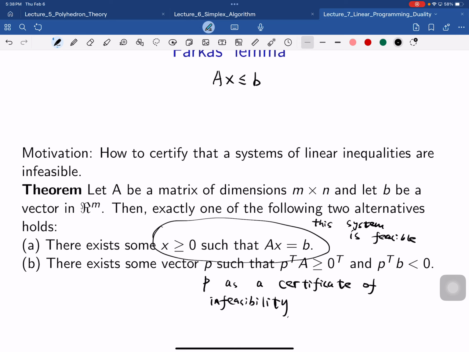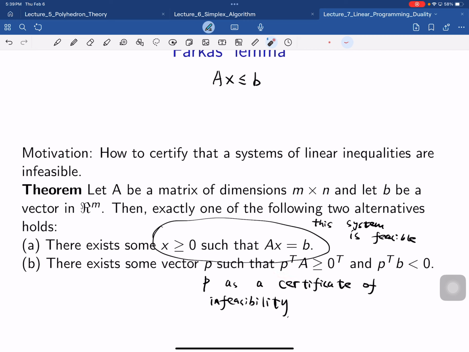So first of all, the first condition is saying p transpose A greater than or equal to 0, right? So you can think of p as some sort of Lagrangian multiplier multiplied to each constraint, right? You are using these Lagrangian multipliers p to aggregate all the constraints, right? So after you aggregate all the constraints, the left-hand side is greater than or equal to 0, right?